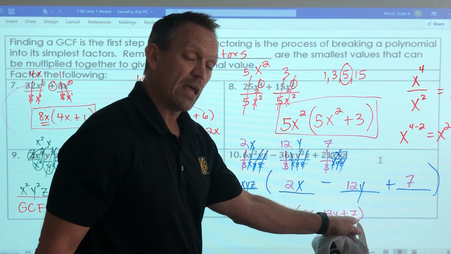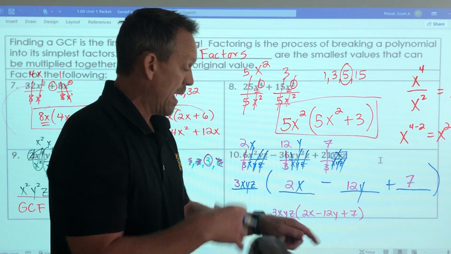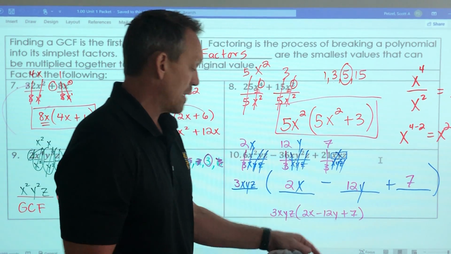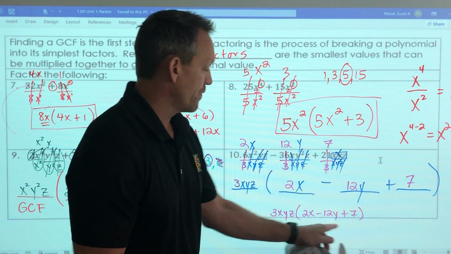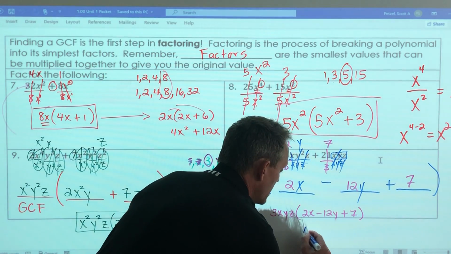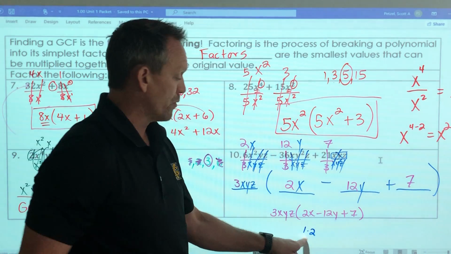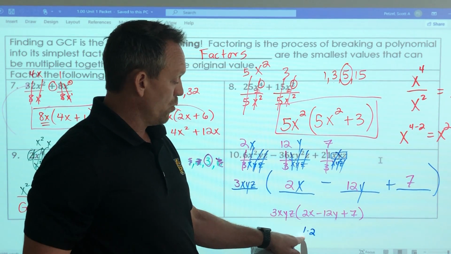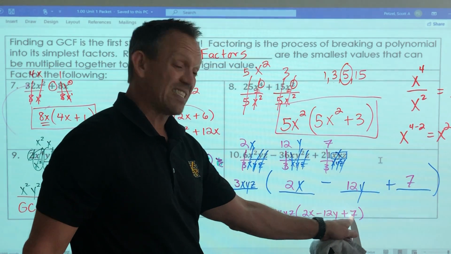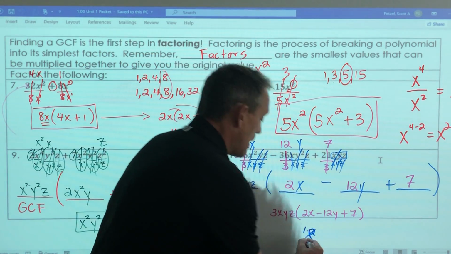Neither of them have an x that we could pull out, or all of them have to have an x. They don't. All of them have to have a y. They don't. And all of them would have to have a common factor. They don't. If you wanted to check, this is 1 times 2, the lowest factor. So 1 is irrelevant. Is 12 divisible by 2? Yes. Is 7? No. So it can't be.